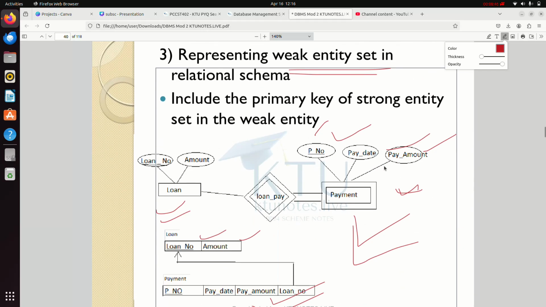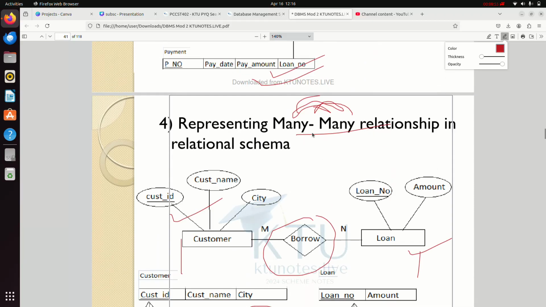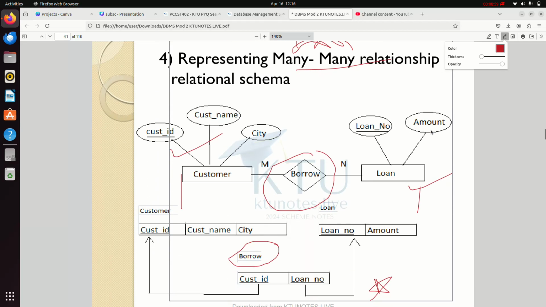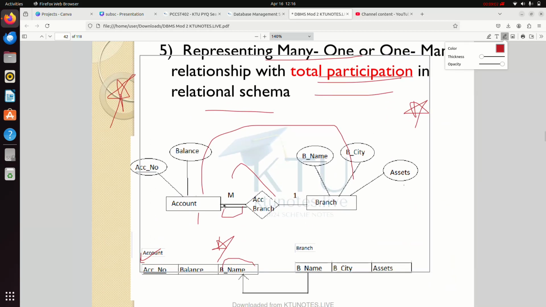Now, how do we represent a weak entity set? In the weak entity set, we will write the primary key of the strong entity. Okay. Now, many to many relationship, I told you. In many to many relationship, we will draw a separate relation for borrow, which contains the primary keys of customer and loan. Understood?